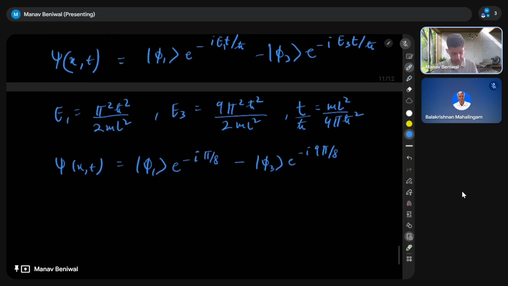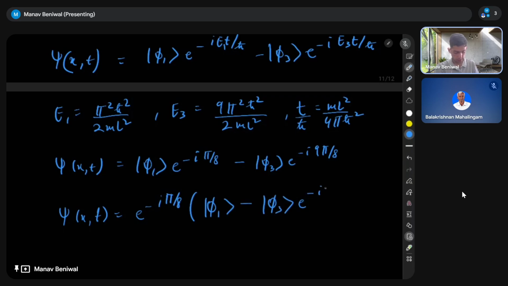Now if I take this e to the minus iota pi by 8 factor outside, inside I have phi 1 minus phi 3 multiplied by e to the minus iota pi.